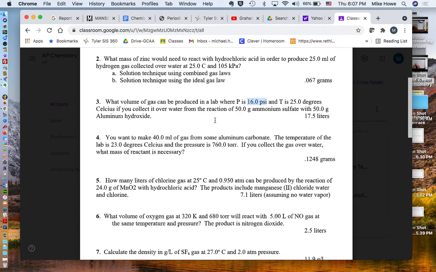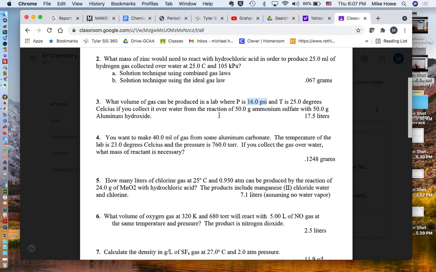All right, now if you collect it over water, you have 50 grams of ammonium sulfate, 50 grams of aluminum hydroxide, so you have to write the equation for the reaction of ammonium sulfate and aluminum hydroxide. When you do that, the 50 grams are going to, you know how to do limiting reactants. So figure out which one's limiting, then calculate the moles of gas, and once you have the moles of gas, you can find volume using PV equals nRT.